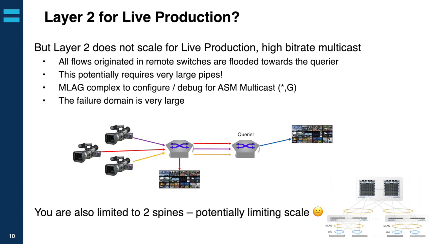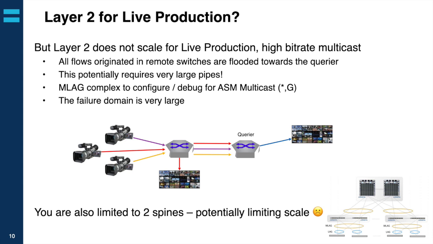In a multi-switch layer 2 topology for multicast, you end up having one of the switches in that layer 2 domain act as a querier, pretty much defined by the way multicast works, by the way the RFCs work. All the traffic that is not in that switch, all the traffic attached to the other switch, the left-hand switch in this drawing, will have to flood towards the querier.